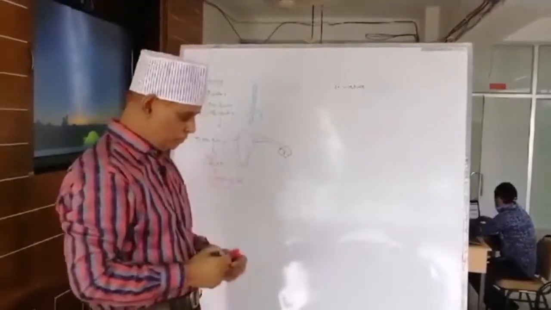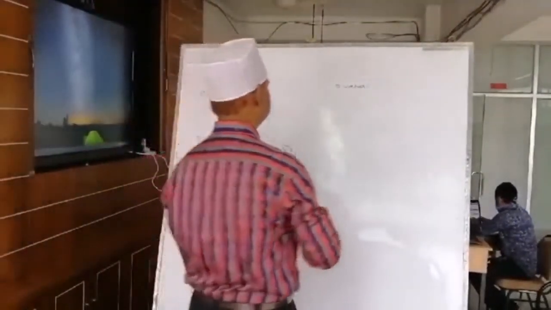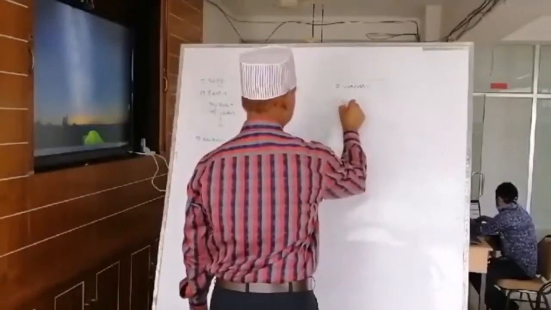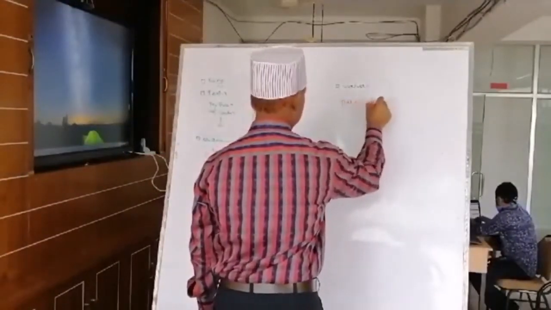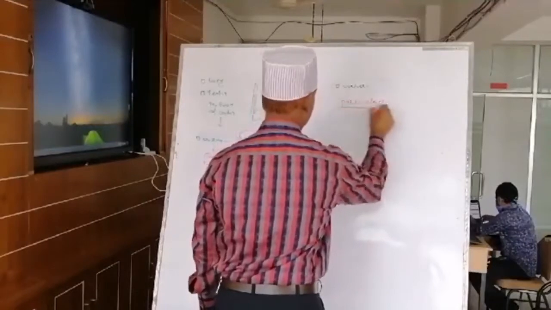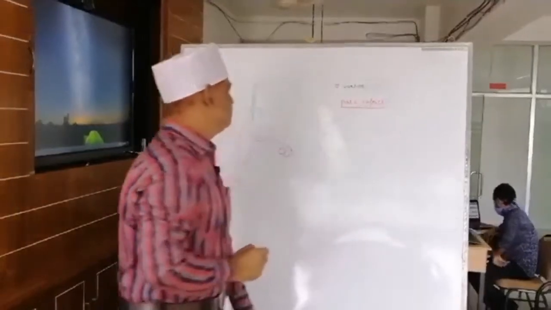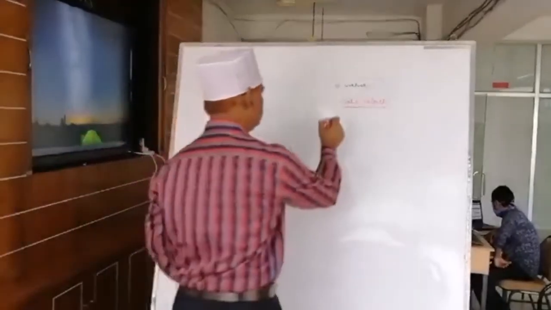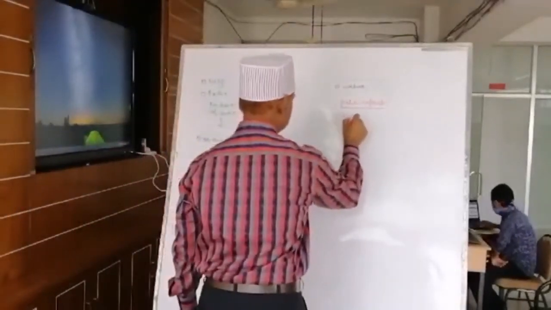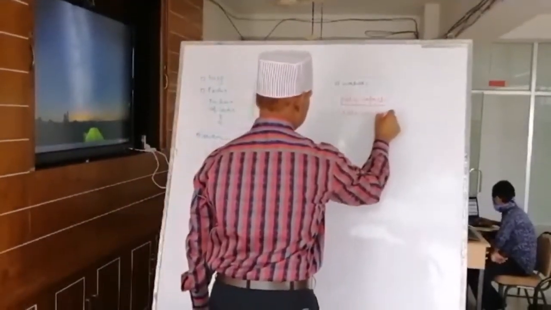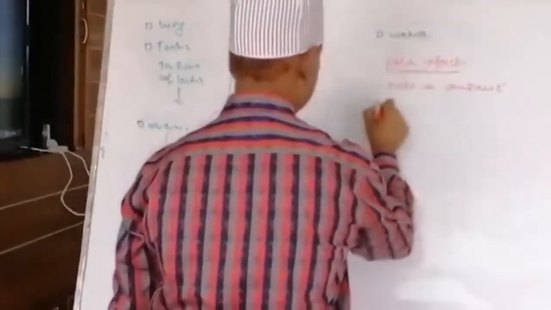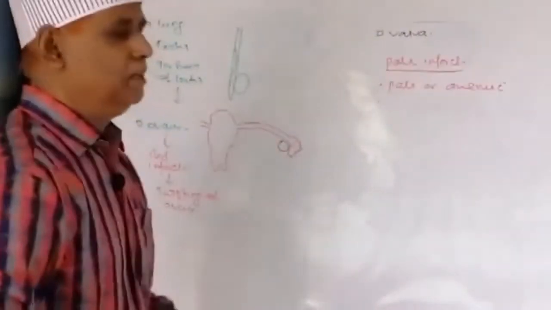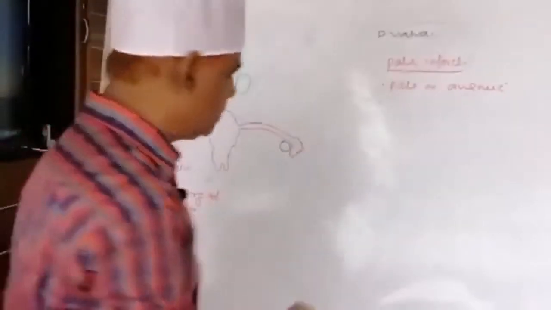Now come to pale infarct. Dear audience, the pale infarct is anemic or pale. The cause is sudden arterial occlusion.